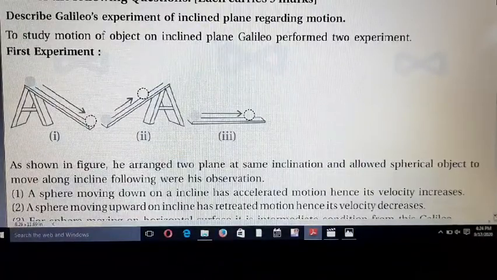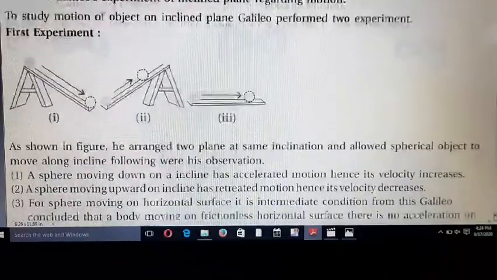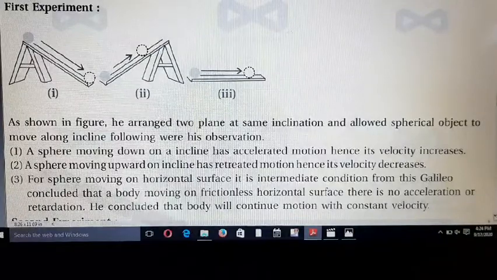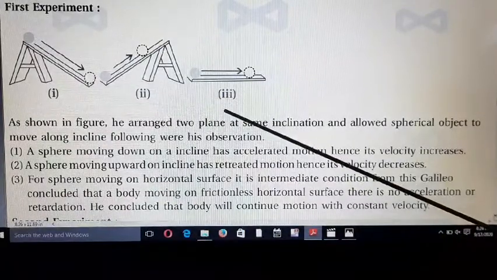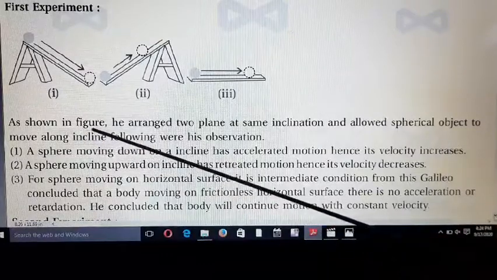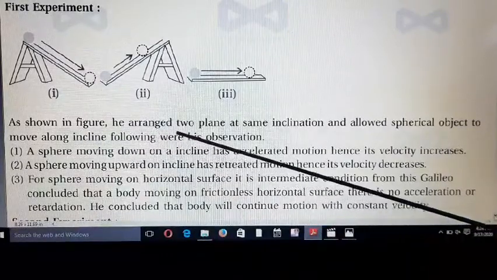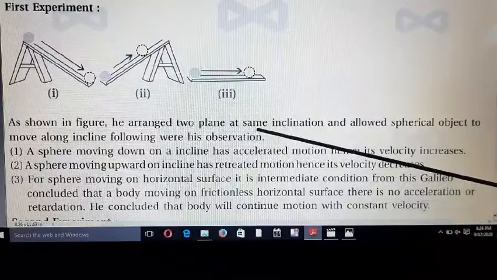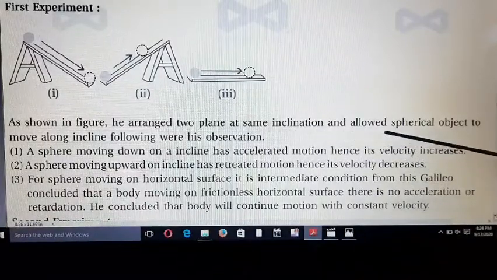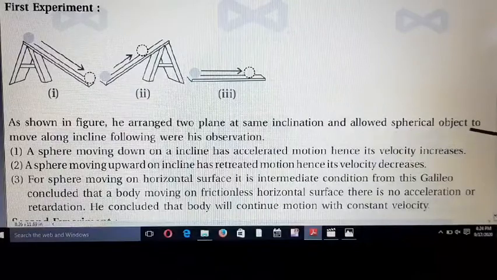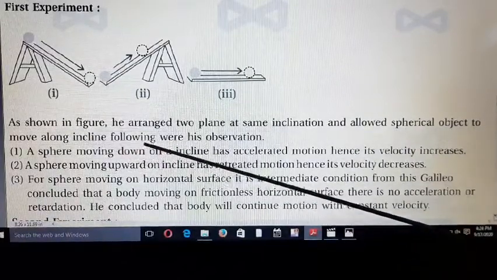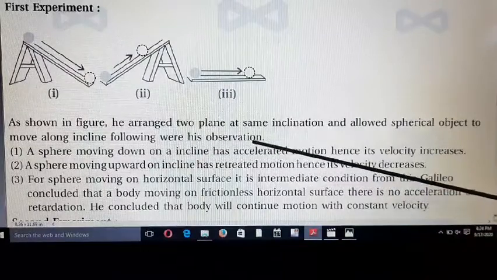So the first experiment, look here, figure A, figure 1, figure 2 and figure 3. As shown in the figure, he arranged two planes at the same inclination and allowed a spherical object to move along the incline. The following were his observations.